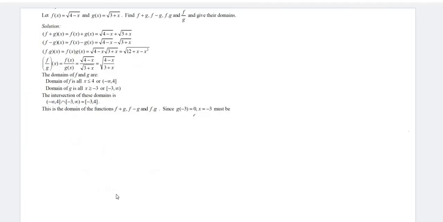Okay, so we're busy with this example, and as I said, when I see a function like this, f of x, which is the square root of 4 minus x, then I know that the inside cannot be negative. So for f, 4 minus x should be greater than or equal to 0.